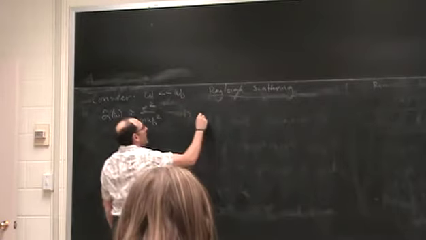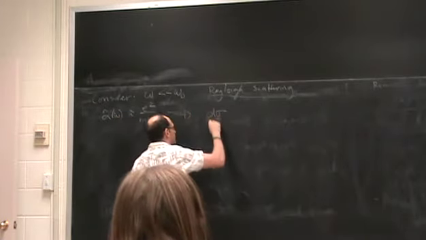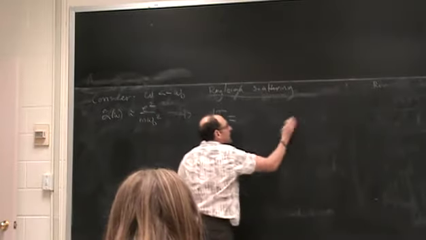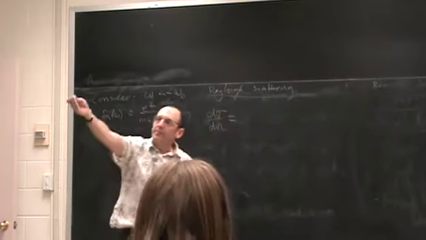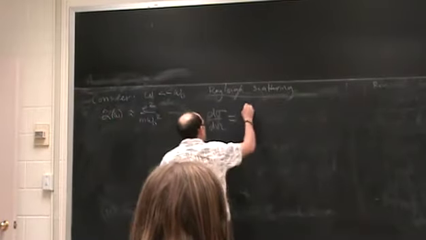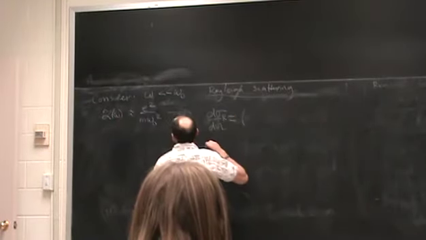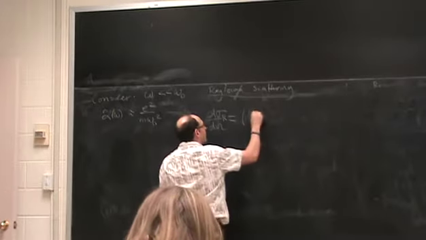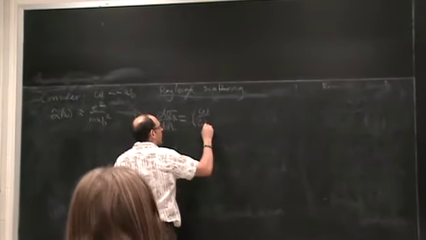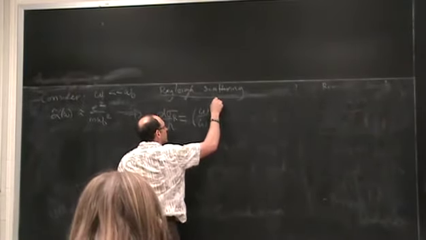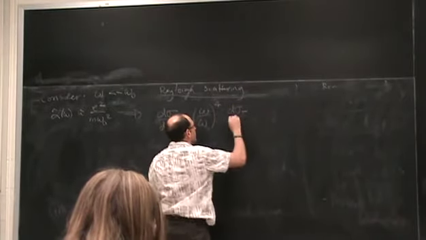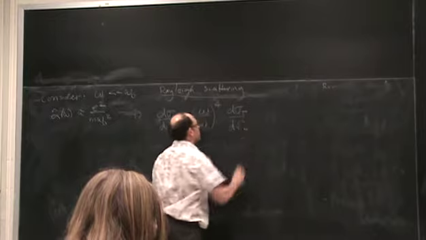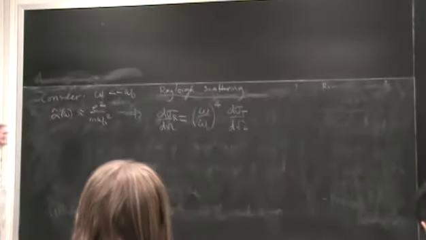Then my differential scattering cross section has exactly the same form that we have over here, except it is scaled for the Rayleigh scattering by a factor of omega over omega naught to the fourth power times the Thomson differential scattering cross section.